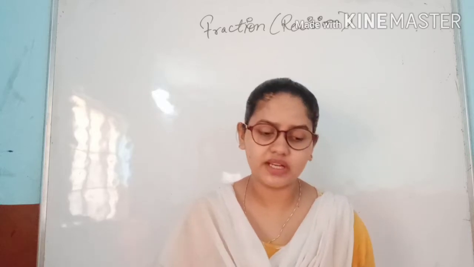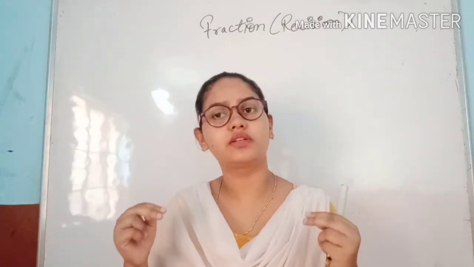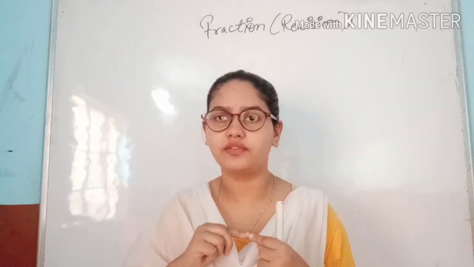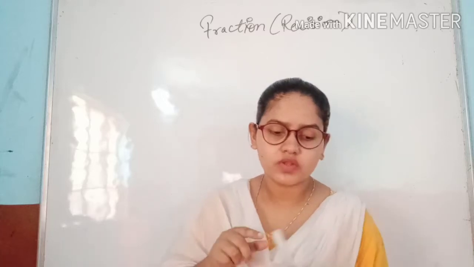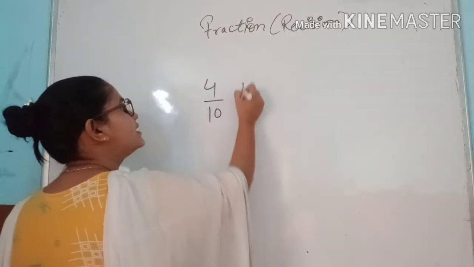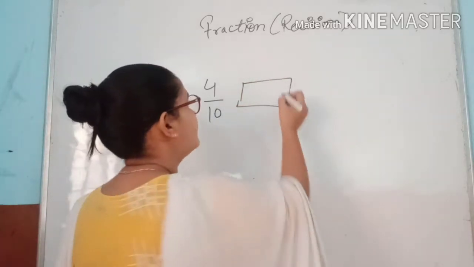On page number 76, students, two fractions are given to us, and there is one box we have to fill. Here is 4 by 10, then the box, and 4 by 5.